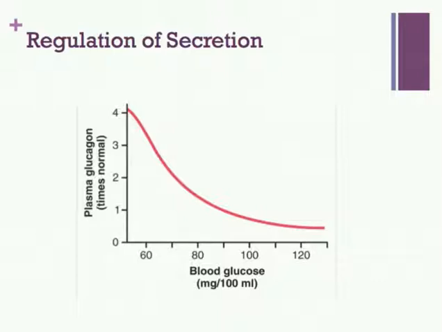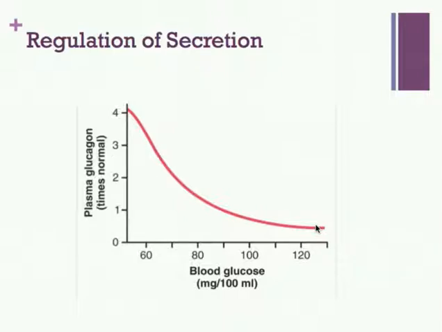Because we have glucagon being secreted to raise blood glucose levels, to increase glycemia, what you see is the opposite of what you were looking at with insulin graphs. When blood glucose starts to drop, if we look here at the y-axis, we see that glucagon expression is high in states of low blood glucose, whereas as you approach the upper levels of glycemia, we see decreased glucagon secretion.